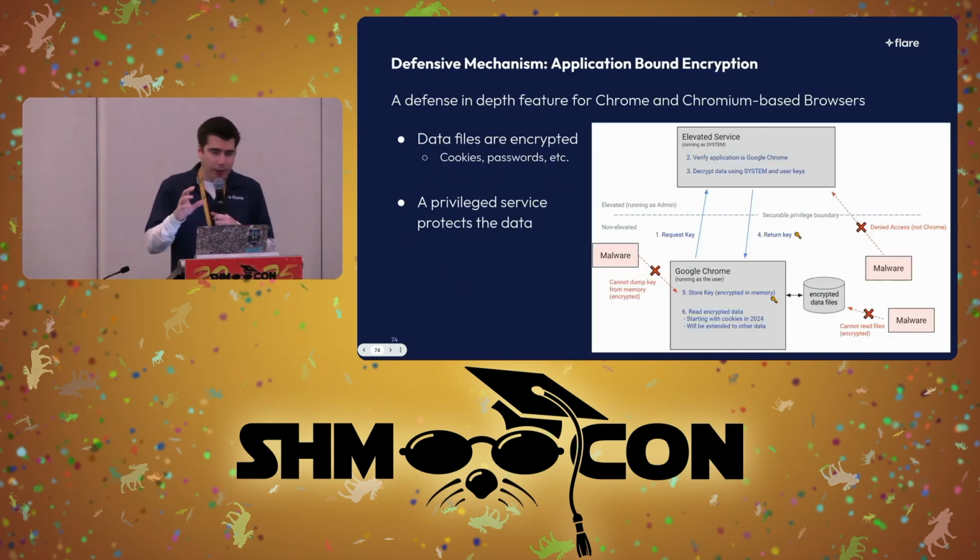Basically, the data files are now encrypted, and there's an elevated service running as admin that acts as a broker for the encrypted files, so it can protect the data.